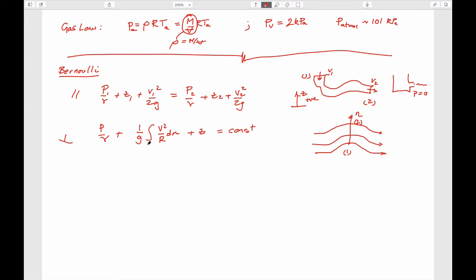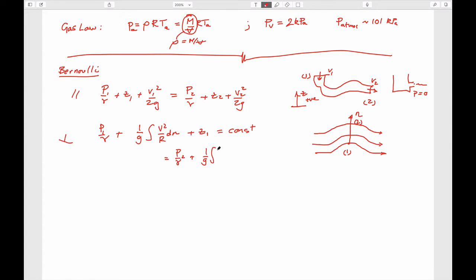So I guess the important things in this are the pressures. Maybe just to not confuse things, let me write it out. This would be pressure at location 1, elevation at location 1, pressure at location 2.